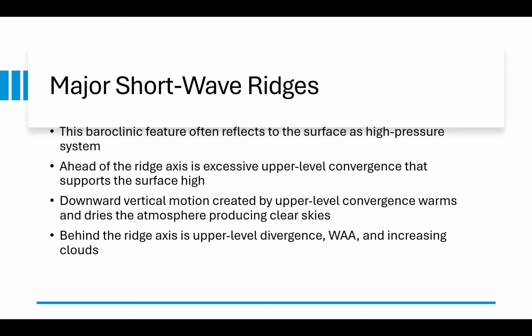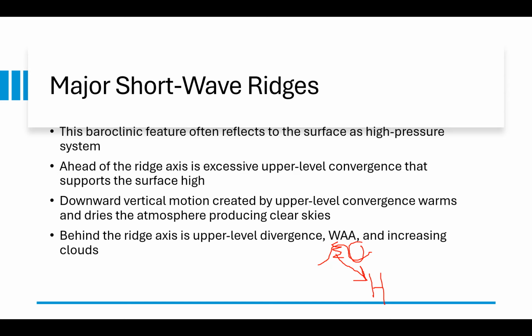So let's think about this now. We have a surface high pressure system. There's going to be a major shortwave ridge that is tied directly to this surface high pressure system. Out ahead of this shortwave ridge axis, you're going to have negative vorticity advection.